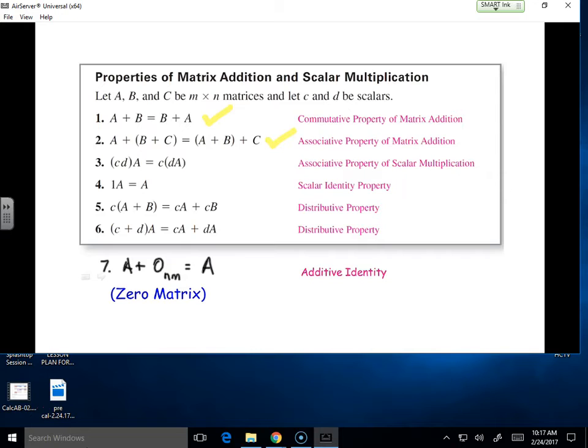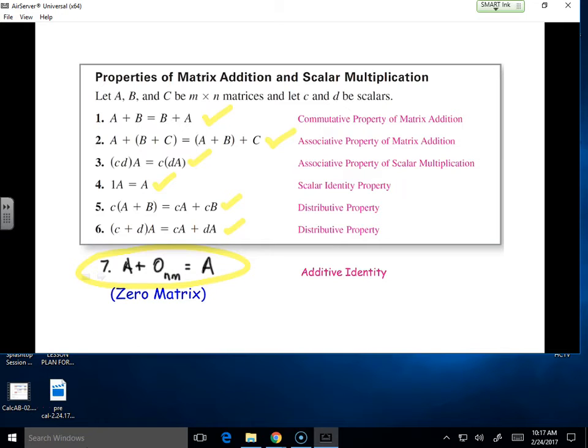What does it mean? If I do 2 times 3 times a, it's the same thing as 2 times 3 times a, right? Okay. It looks different though, it looks weird. No, these aren't that bad. But maybe that makes sense. These all make sense. If I multiply a matrix by 1, it's itself. If I multiply by a scalar, the sum, I can multiply and distribute. Yeah, that one works good. Works pretty good. Number 7 might be the kind of weird one.